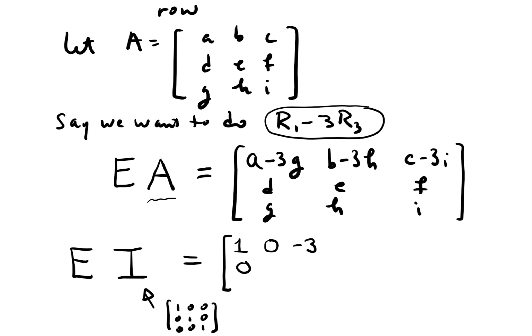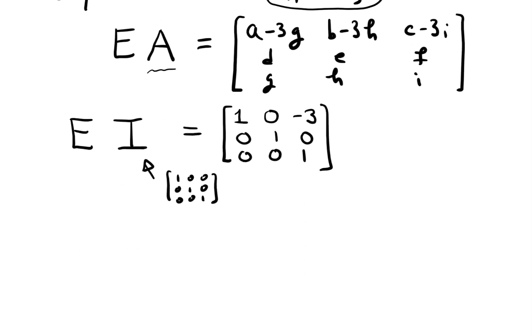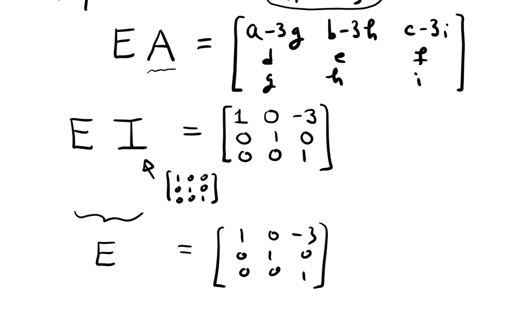The other two rows are unchanged. So that's what it does to I. But hang on. Remember that if I multiply any matrix by I, it stays unchanged. So EI is just E. So actually, I get for free what the matrix E is. It's just this matrix. Isn't that pretty cool?